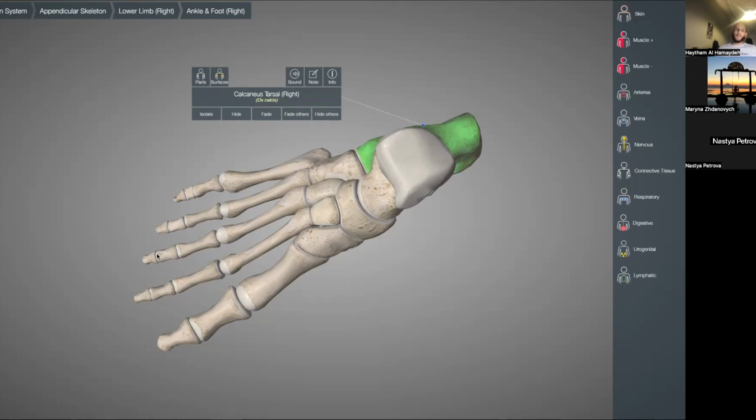But for the big toe we don't have proximal and distal, we only have one. It's just the interphalangeal joint, because there's a bone missing. So it's just the interphalangeal joint of the big toe. The others have proximal and distal because there are 3 bones.